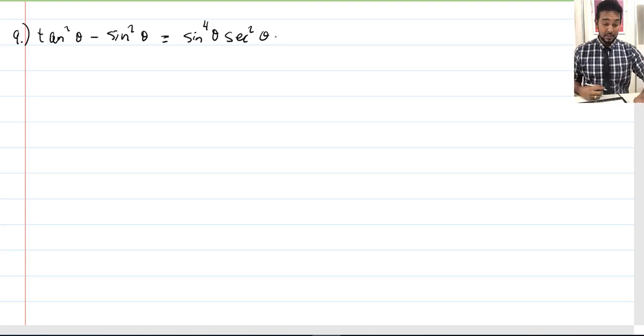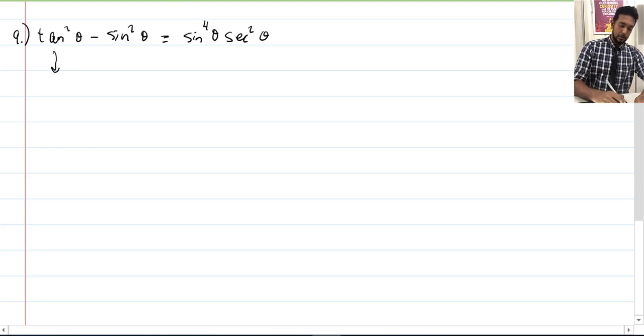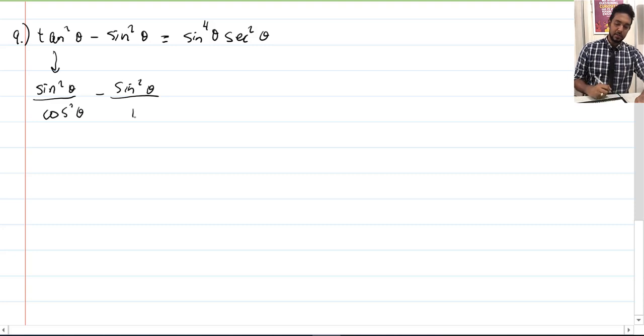Well, how do we get that from tan squared minus sine squared? So when in doubt, tan squared is what? Sine squared over cos squared, right? All right, so we're looking kind of good there. We have a sine squared and a sine squared that might end up as a cos squared.